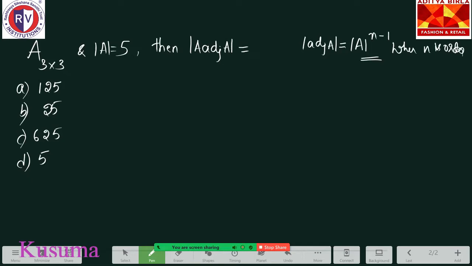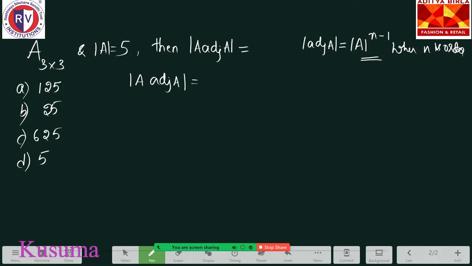So determinant of adjoint of A will be determinant of A to the power n minus 1, where n is the order. Okay, so we'll make use of that property here. So what we are supposed to find out is determinant of A into adjoint of A.